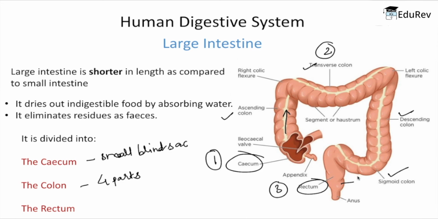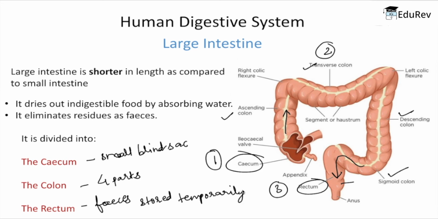Now this sigmoid colon, you see here, opens into the rectum, which is the third part of the large intestine. Inside the rectum, the feces which is formed is stored temporarily.